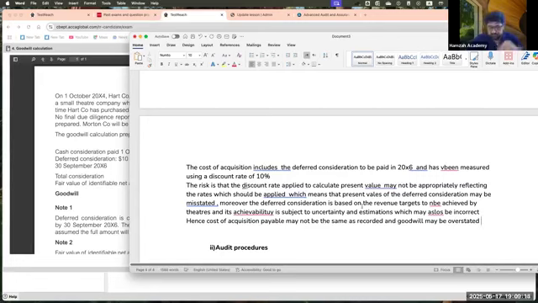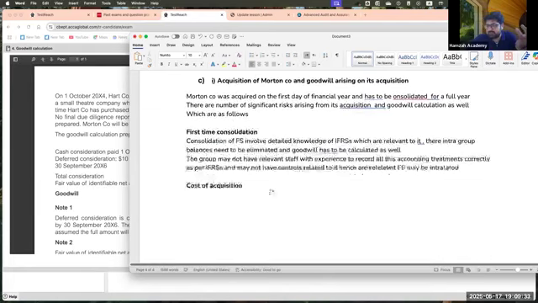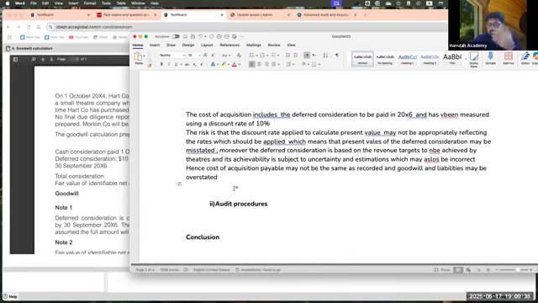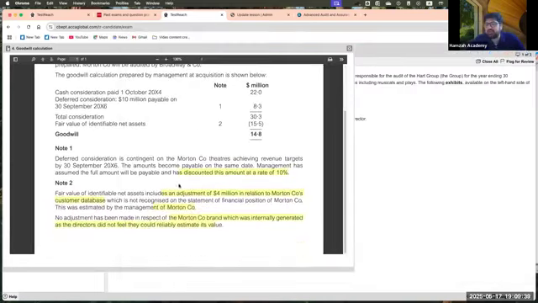Goodwill and liabilities, both. Yes, this is a possibility. You see here, nothing is difficult here. That is why it has a significant risk of material misstatement. Next, the second is identifiable net assets.